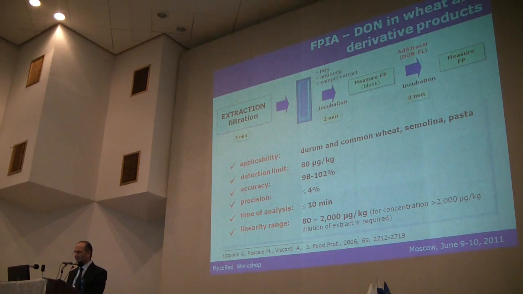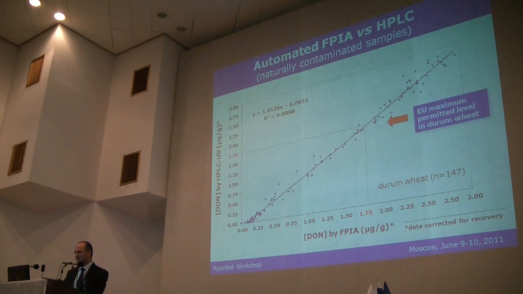And a good linearity range was obtained between 80 ppb and 2000 ppb. For concentrations higher than 2000 ppb, a simple dilution step is necessary. You don't have to repeat the analysis. And this is a good correlation that has been observed when 147 samples contaminated by deoxynivalenol were compared by HPLC and by FP.